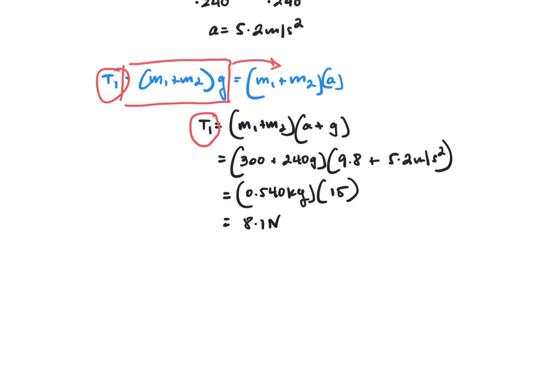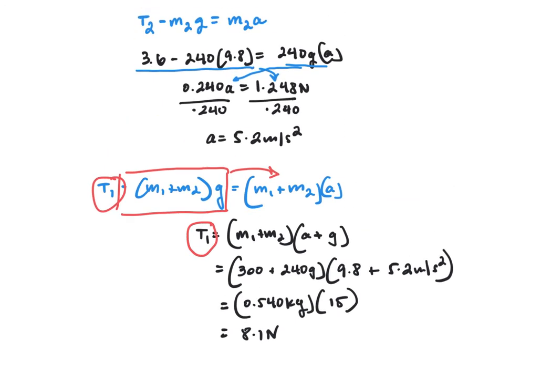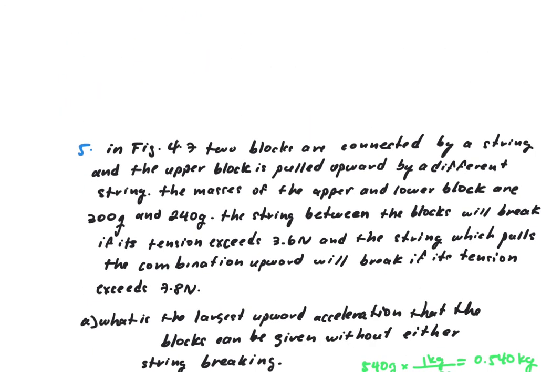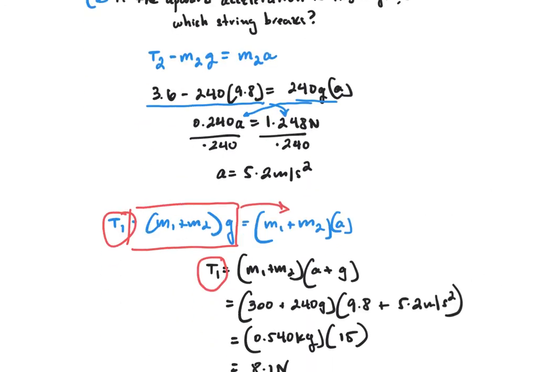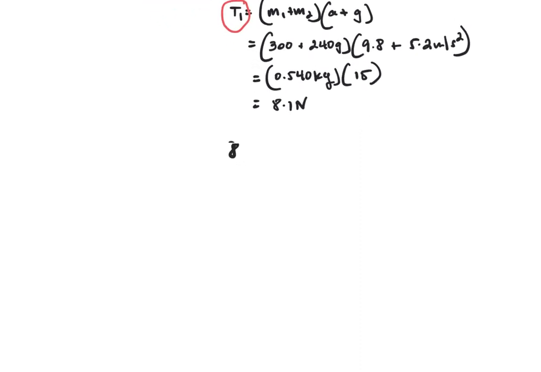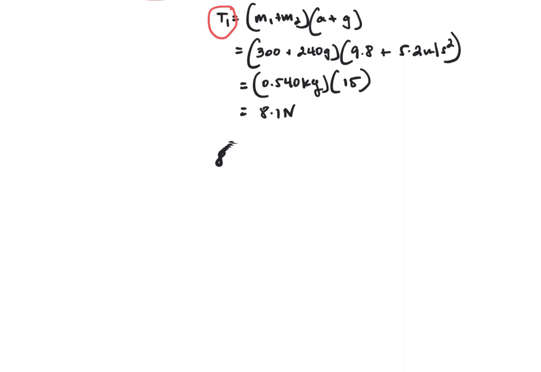So what was our initial? Our initial was that the upper string will break if its tension exceeds 7.8. So it cannot go past 7.8.